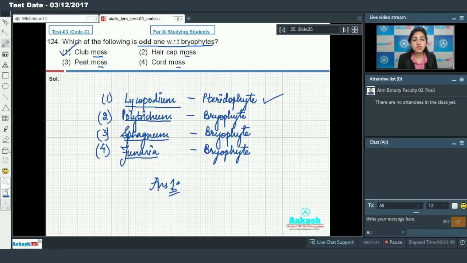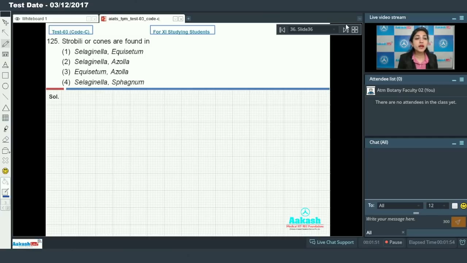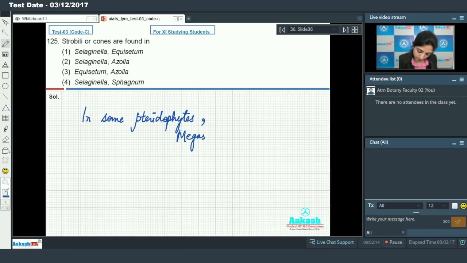Moving on to the next question, that is question number 125. Strobili or cones are found in some pteridophytes, megasporophylls are compactly arranged to form strobili or cones.